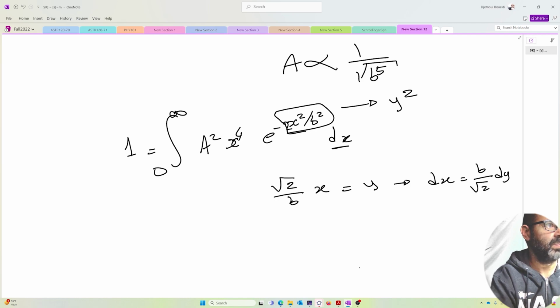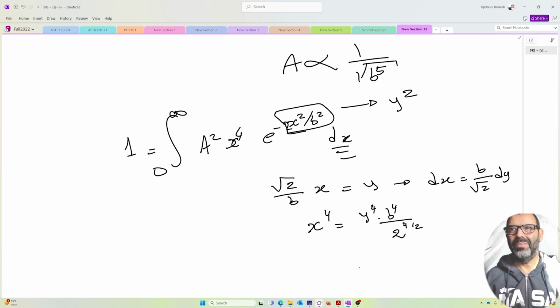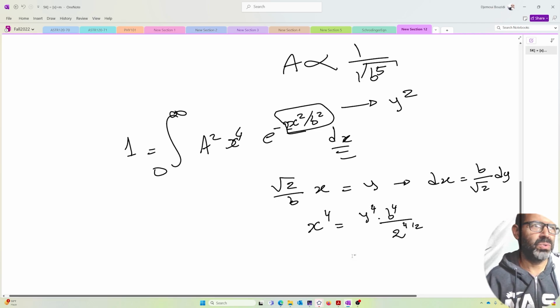So we have this part now. All we need is the x to the power 4. We can get it from here. x to the power 4 is the same as y to the power 4 times b to the power 4 divided by square root of 2 to the power 4, which is 2 to the power 4 over 2. I'm going to leave it as such for right now. I know 4 over 2 is 2.